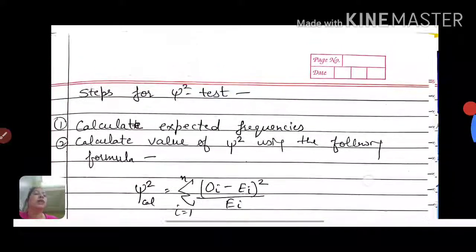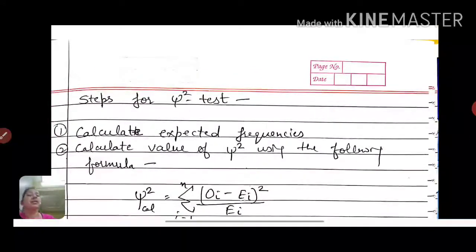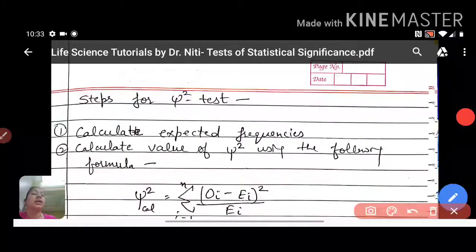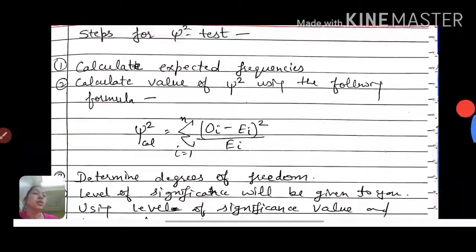Now, for carrying out the chi-square test, there are different steps. Observed frequencies will be given to you in the question, and you have to calculate the expected frequencies. When you get the expected frequencies, you have to determine the chi-square value.